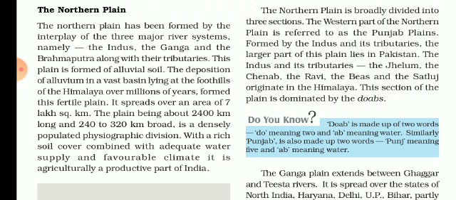It spreads over an area of 7 lakh square kilometer. These plains are about 2400 kilometer long and between 240 kilometer and 320 kilometer broad. They are densely populated due to the fertile soil, adequate water supply, favorable climate, and terrain.